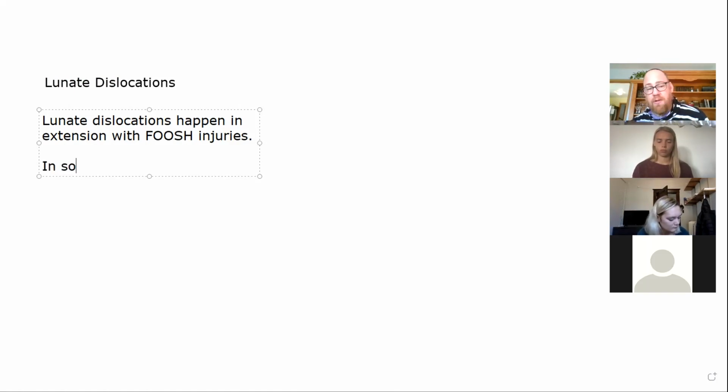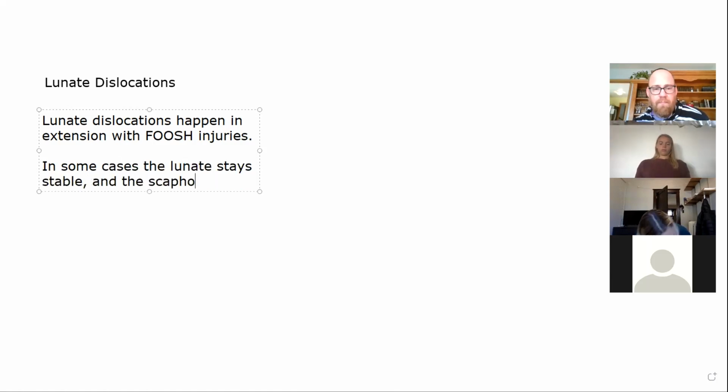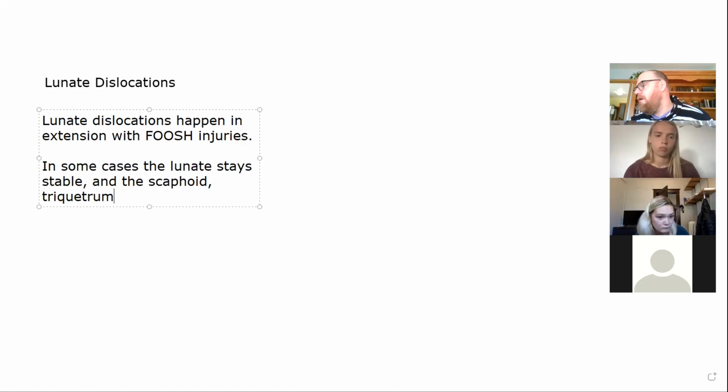In some cases, the lunate stays stable, and the scaphoid, sorry, the triquetrum, and the pisiform actually disassociate around it. They all dislocate volarly while the lunate stays in place.